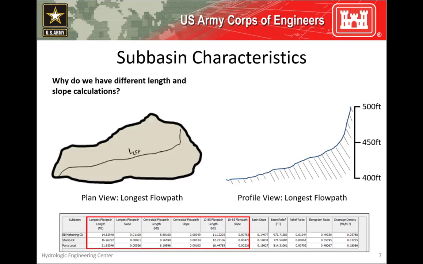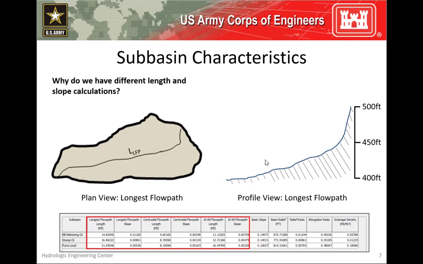If you're like me, you might be thinking, well, why do we have all these different types of flow paths and slopes? Well, they each tell us something a little different about a subbasin. For many subbasins, the longest flow path slope represents a very steep slope that may not be indicative of the typical flow path slopes within a subbasin.